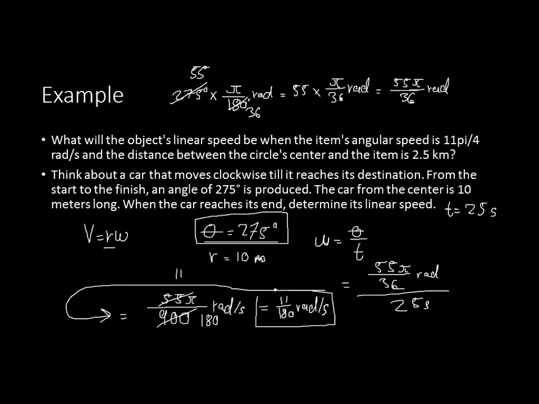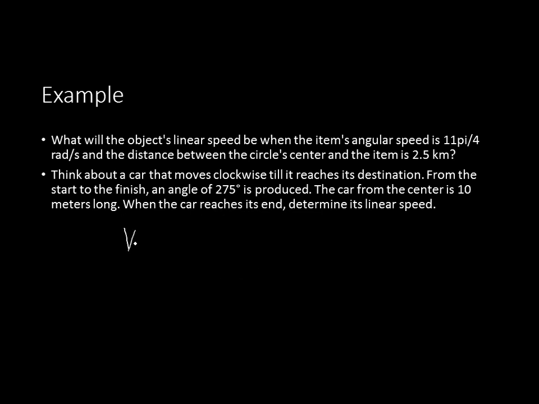Now with that, we can substitute this angular speed and multiply by our radius, which is 10 meters. So we will have V is equal to 10 meters times 11 all over 180 radians per second. 10 and 180 are both divisible by 10.